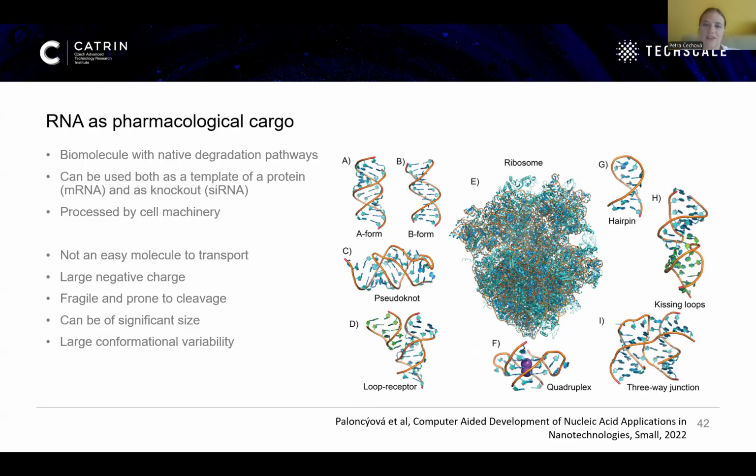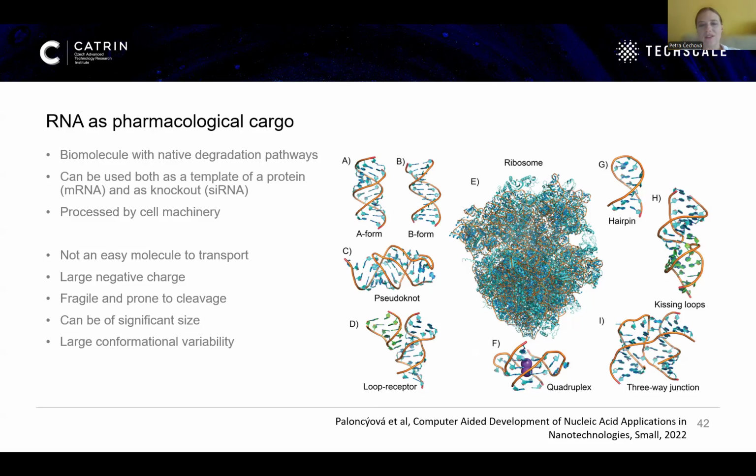So the cell has a lot of housekeeping proteins, housekeeping cascades that make sure that RNA only does what it's supposed to be doing, right? On the other hand, when you add RNA to a cell, it can serve as a template or work in the RNA interference way. So if you manage to get RNA into a cell, you can make the cell do things for you, which is very useful.